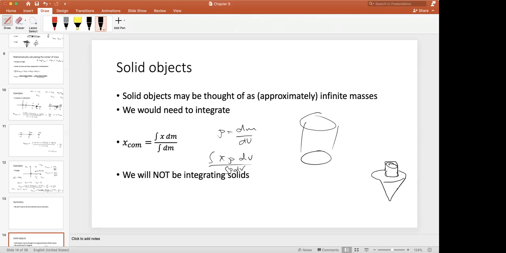I know the x and z are going to be, if the x and z are essentially in this direction, and the y is up. I don't know where along the y the center of mass is. Just like with the triangle, I would have to integrate along y, and that's actually kind of a pain to do correctly. We won't do that. If you need to know, I'll give it to you.